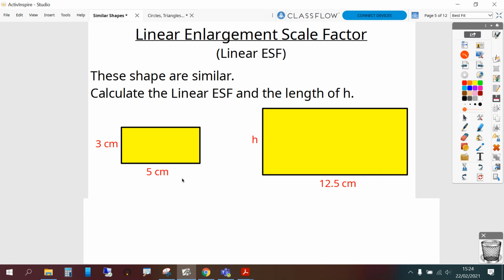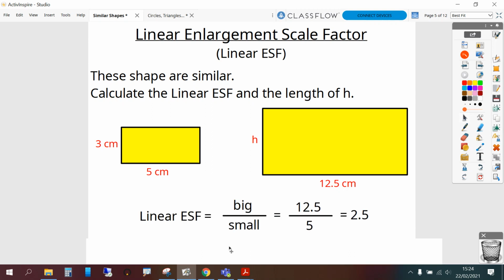So we need to compare the two numbers that we have, which is 12.5 and 5. So comparing them, big over small gives us an enlargement. 12.5 divided by 5 is 2.5, so 2.5 times bigger. So 3 times 2.5 gives you 7.5 for h.